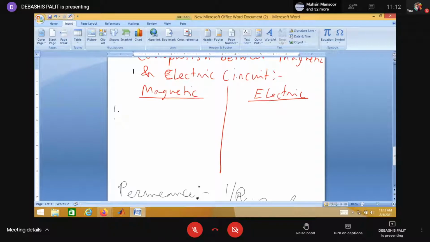First of all, in a magnetic circuit, there must be some closed path. That is your magnetic circuit. Actually, in a closed path, flux can flow through the air also. If there is a ring shape, flux can pass through the air also.